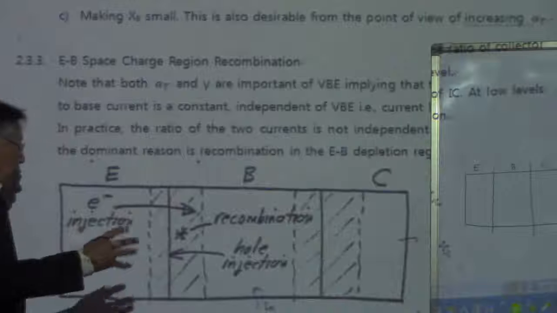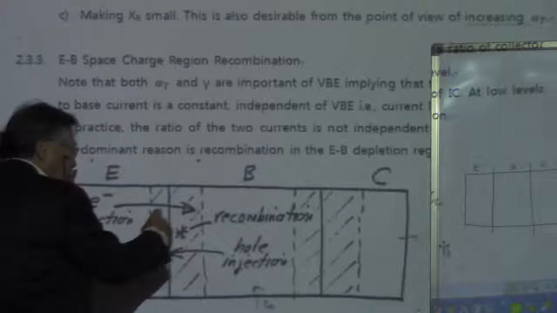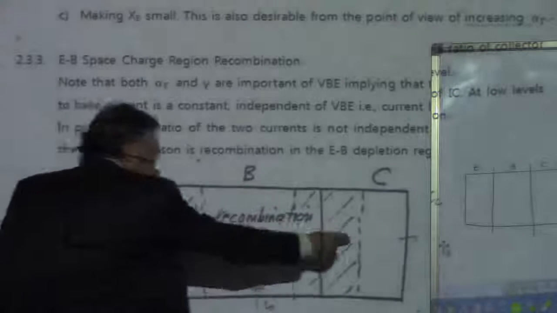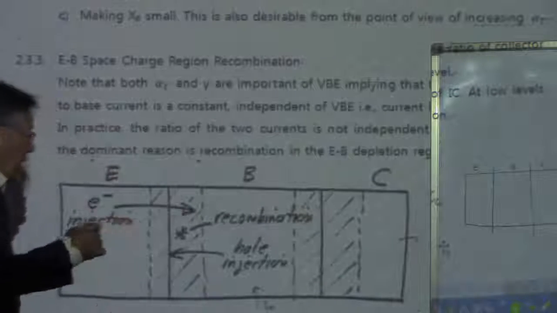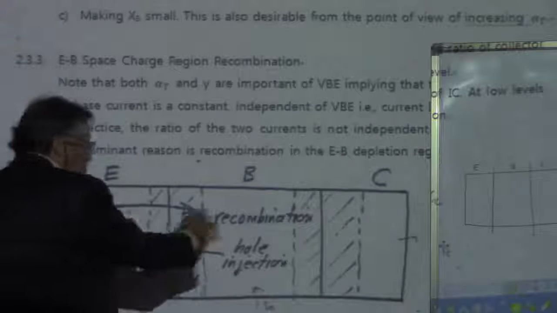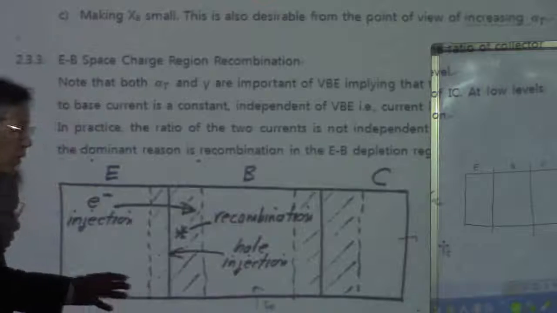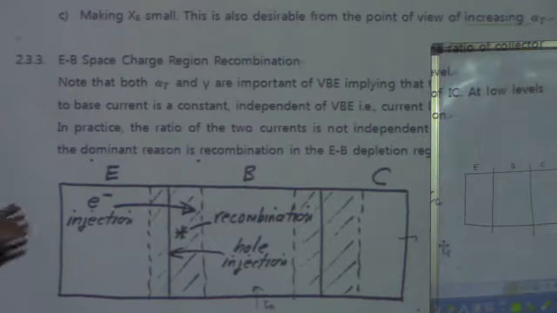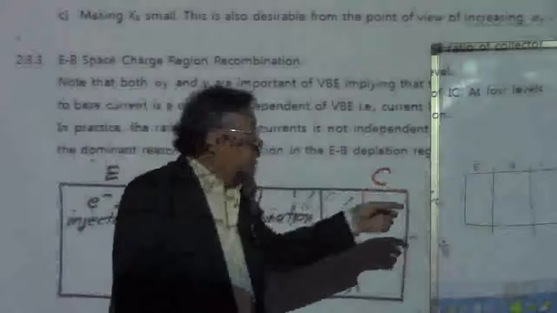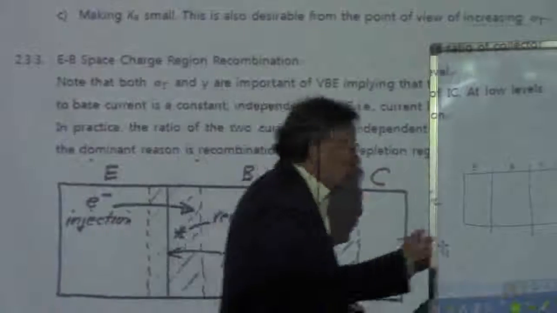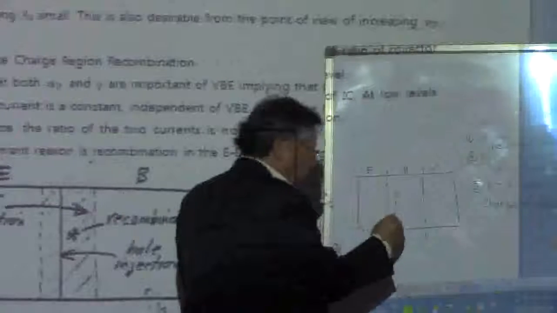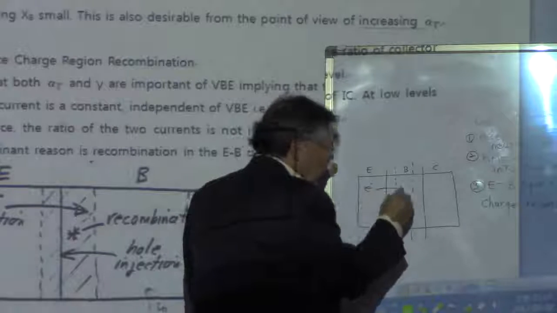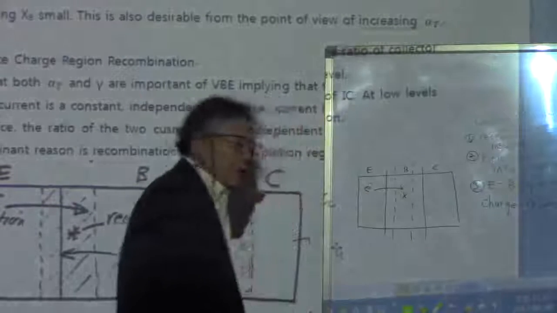But if the injected electron recombines in the neutral base region before it reaches the collector, then that electron is not going to contribute anything to the current gain of the bipolar transistor. That's what we mean by recombination in the neutral base. So let's say we have a depletion region, something like this, and an electron is injected and then recombines in the neutral region.